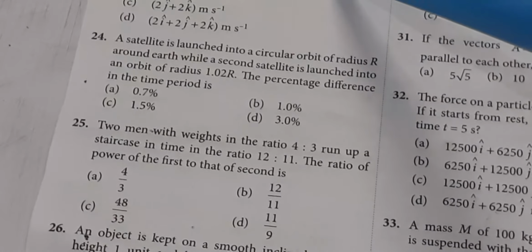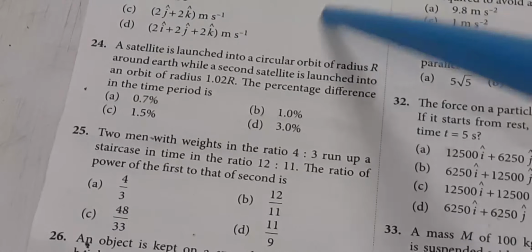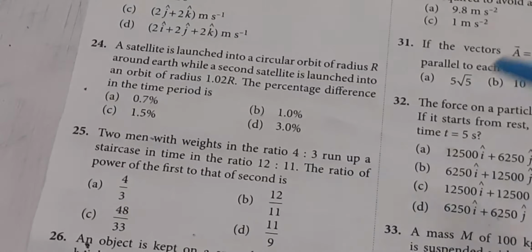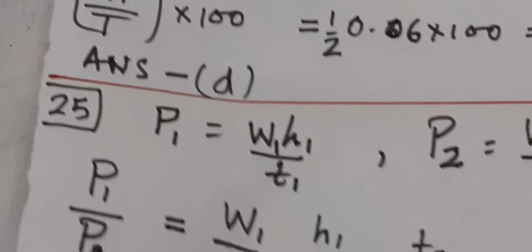Two men whose weights are in the ratio 4:3 run up a staircase in times in the ratio 12:11. The ratio of power of the first to the second is, we can do in this way.